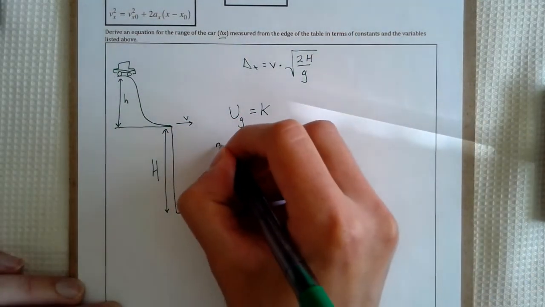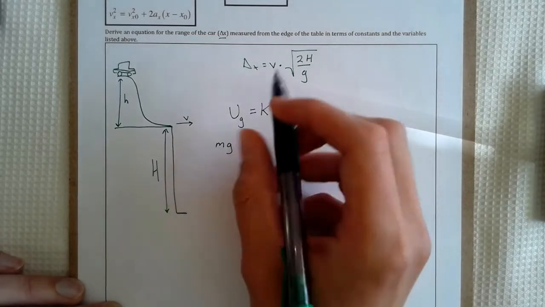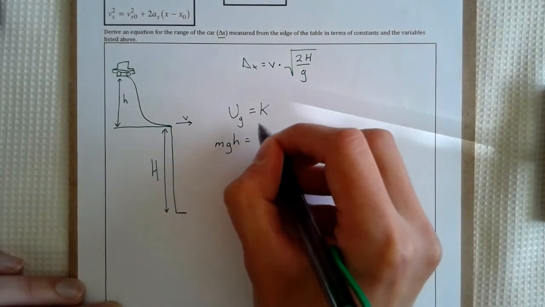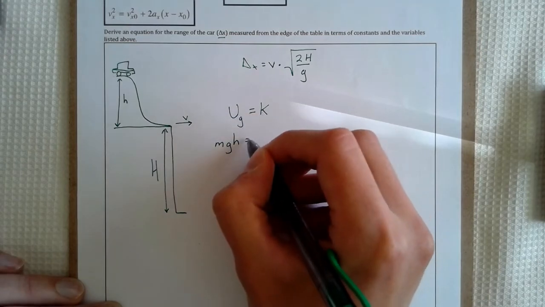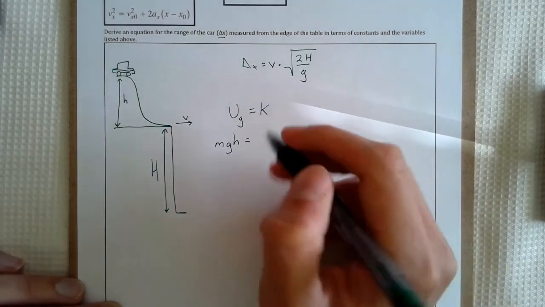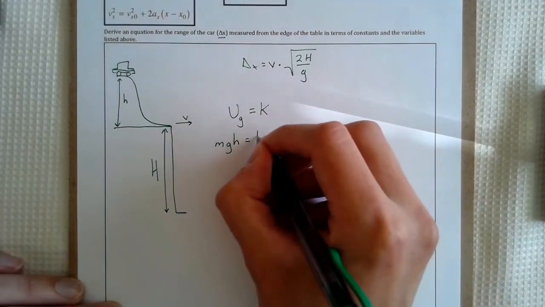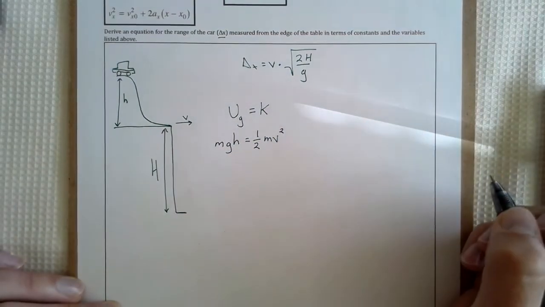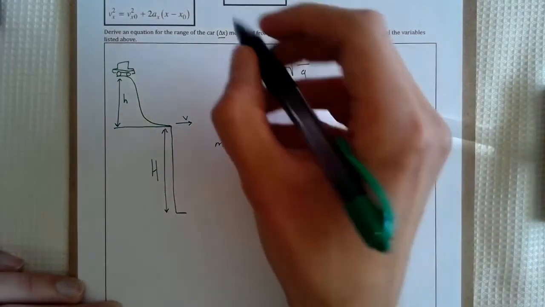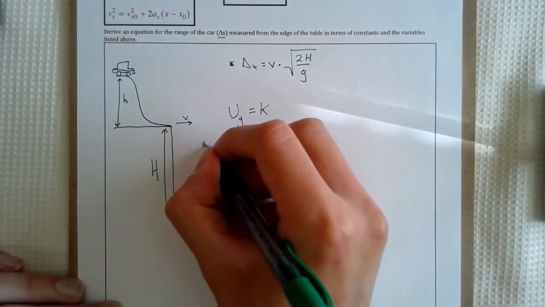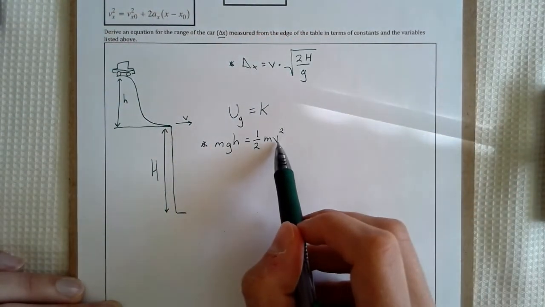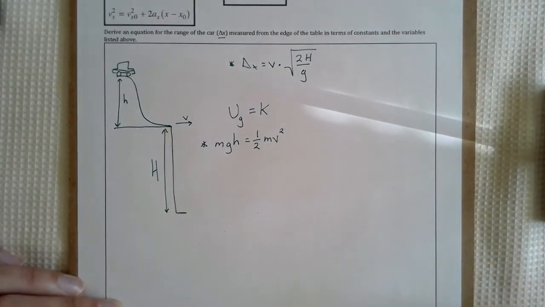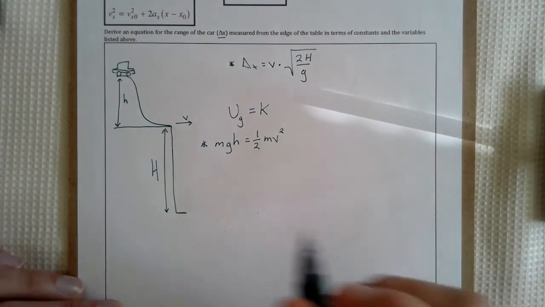So the car has mass m, g is g, and we are at a height of little h above our 0 point. That's going to equal the kinetic energy at the bottom because all of the potential gets converted into kinetic, 1/2 mv squared. Cool. So we're going to combine this equation with this equation. Hopefully we can solve this one for v, substitute in here, and I think we'll be left only with the constants that they're looking for in the problem.